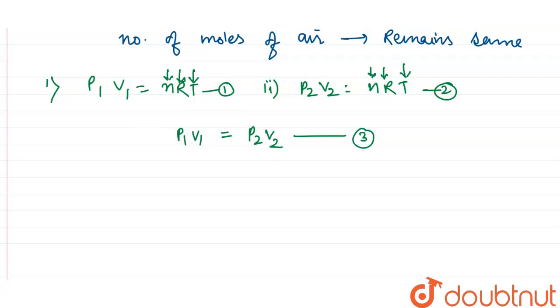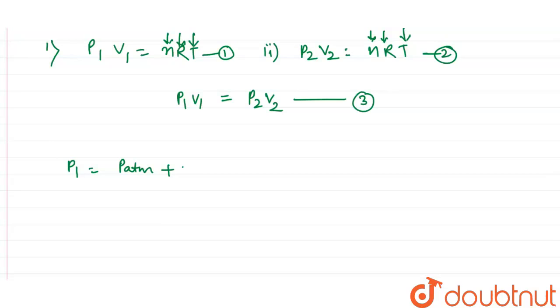First we have to find out pressure P1, and pressure P1 equals P atmospheric plus the height of the mercury pellet, that is 5, given in the question.